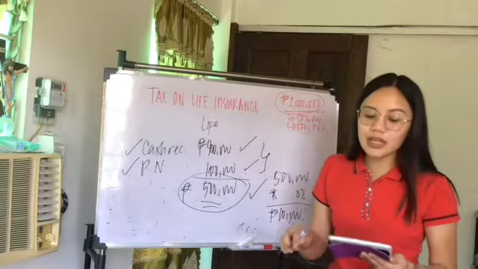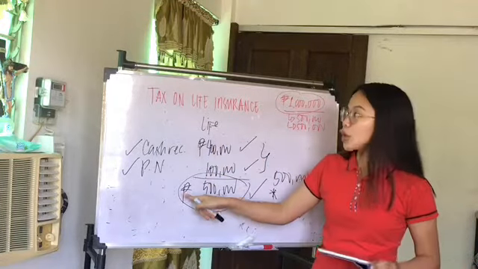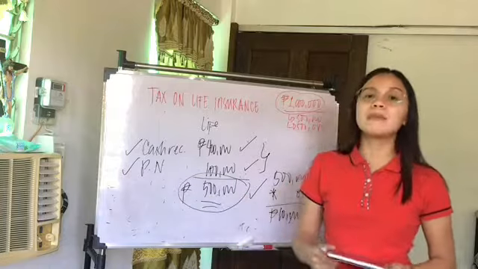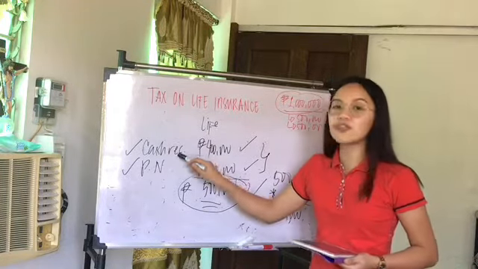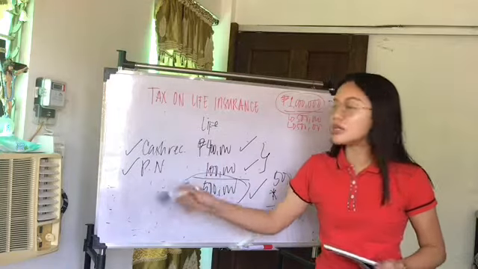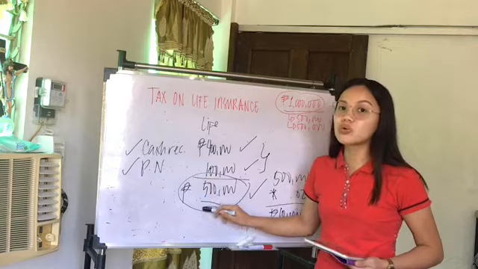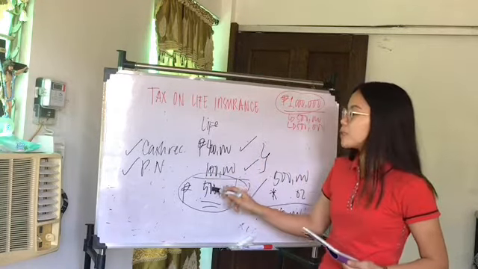It is stated in your law on taxation under business tax for life insurance that we consider the whole amount of premiums. Which means whether it is already received in cash or in the form of credit, it will still be subjected to your 2% percentage tax.